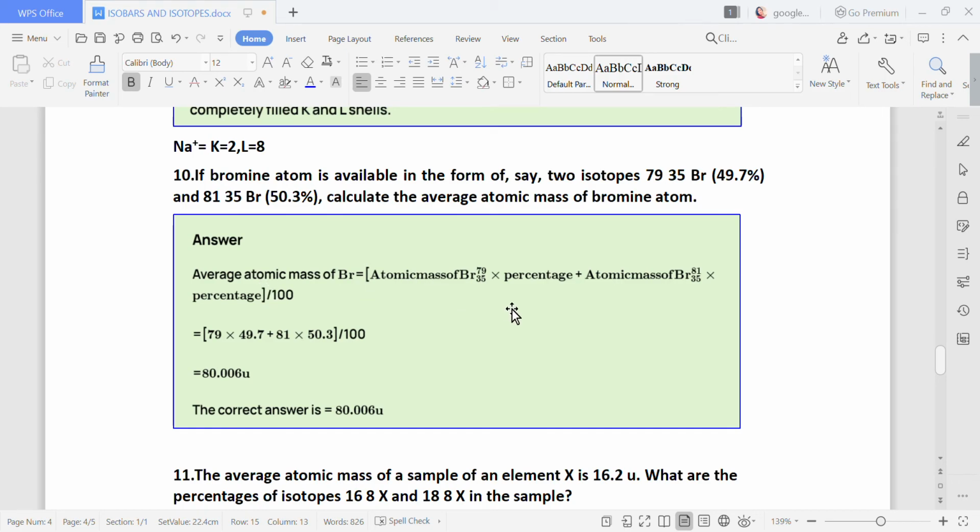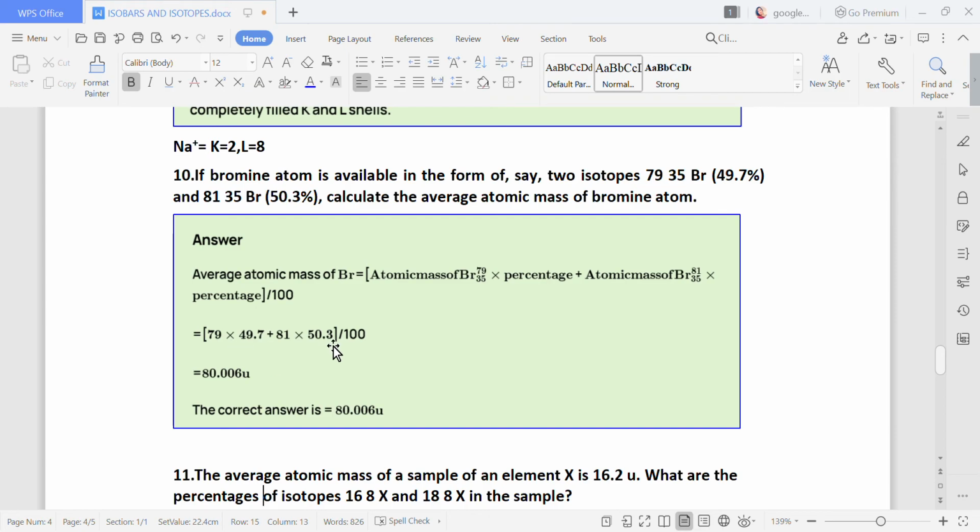Now we will just put down the values. What they want is atomic mass. Children, remember, we want the mass. So here 79 and 81 are the atomic masses. So see, 79 into the percentage, which is 49.7, plus the second atomic mass, 81, into its percentage, 50.3.